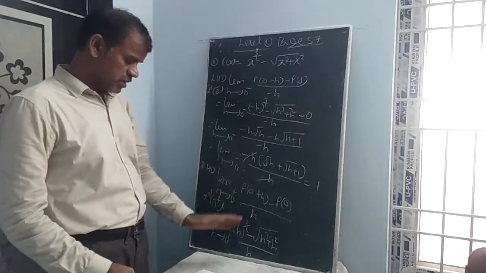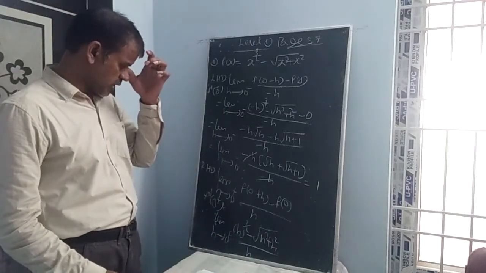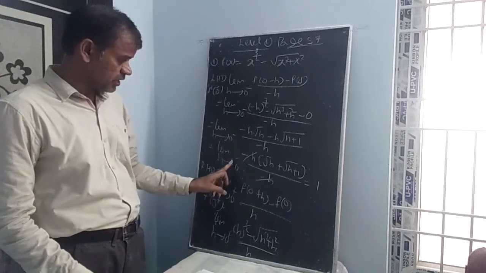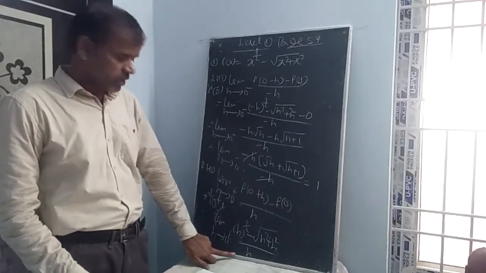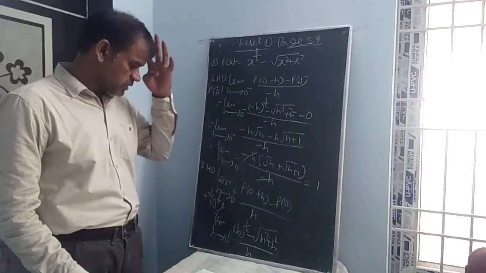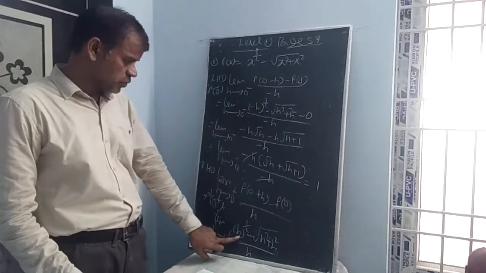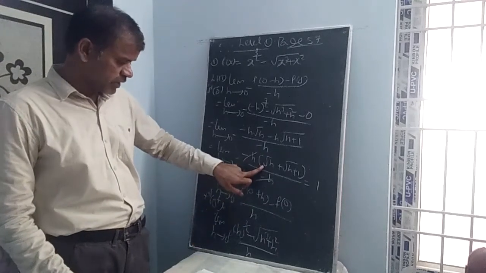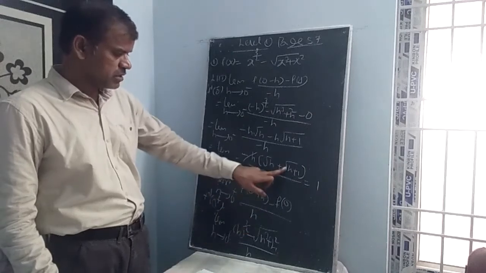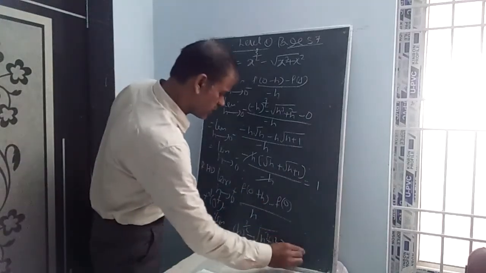Taking common in the similar way, we will get minus 1 as the answer, because h and h will get cancelled here. Denominator plus h is there. So h by h gets cancelled, and here 0 root h. In the similar way, you will get root h plus 1, answer minus 1.